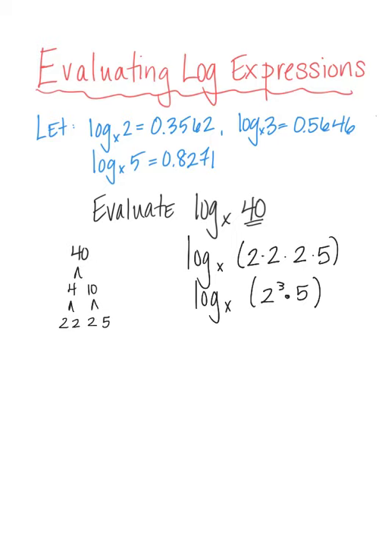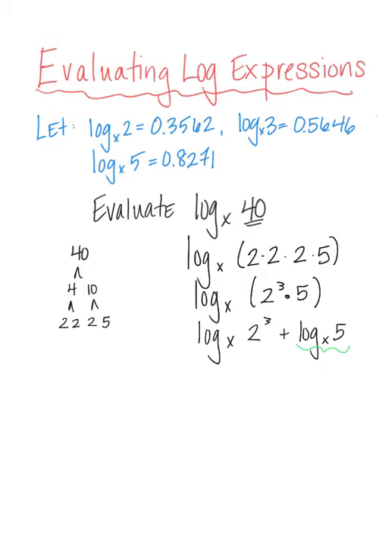So if values in the argument are multiplied, you can break them up by giving each one its own log, and I'm going to add those logs together. So I have now log base x of 2 cubed, plus log base x of 5.